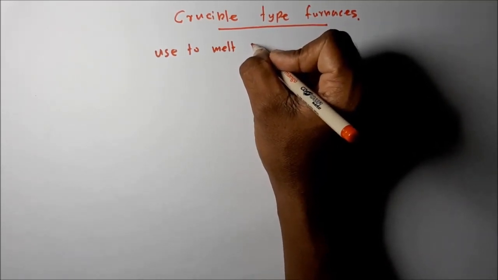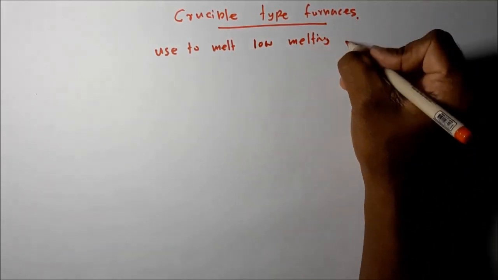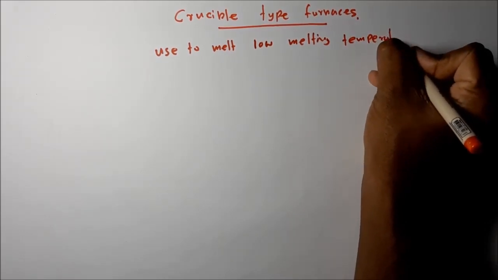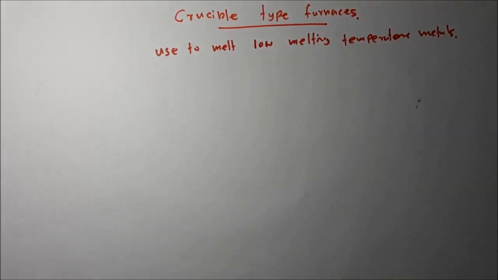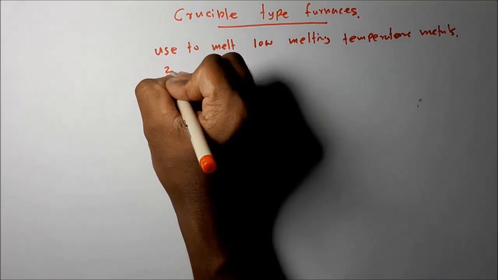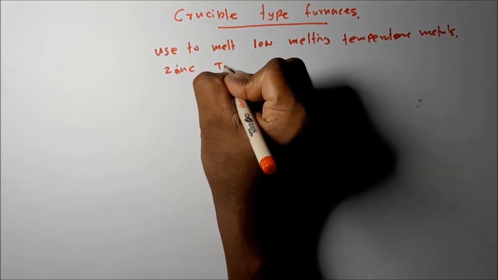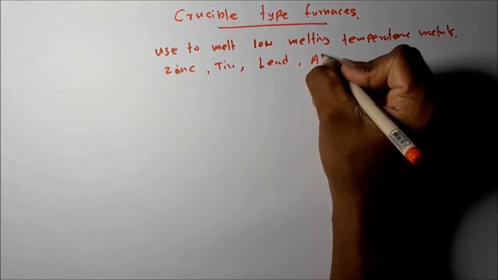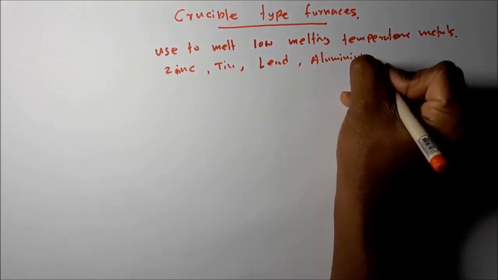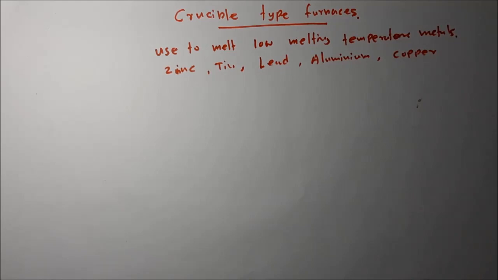Used to melt low melting temperature metals like zinc, tin, lead, aluminium, copper like metals are molten using this crucible type furnace.